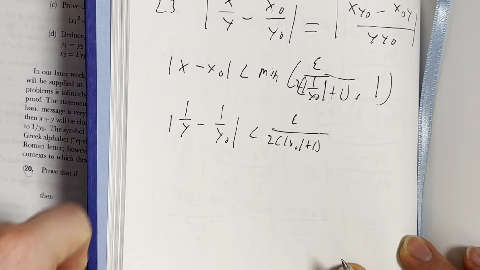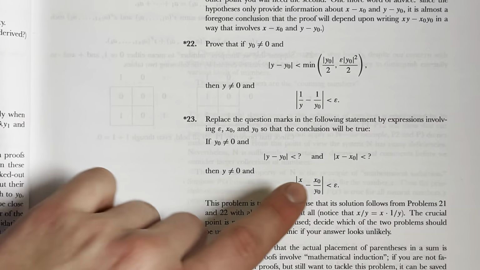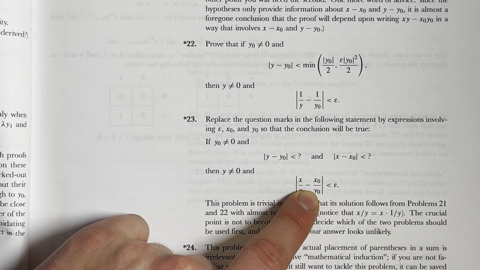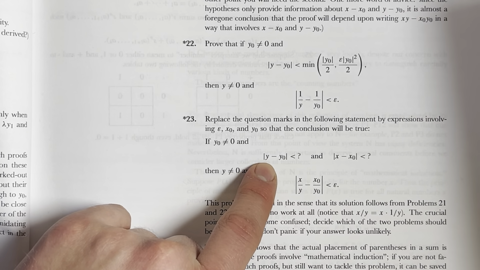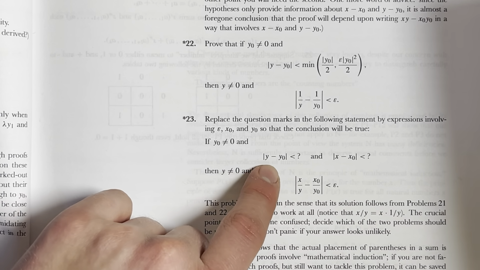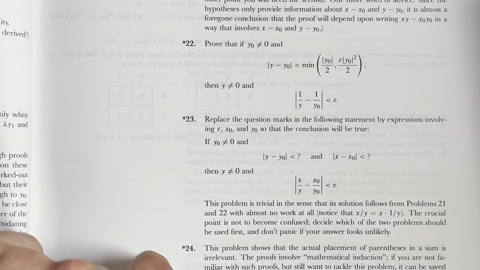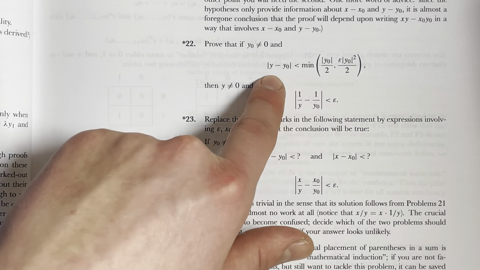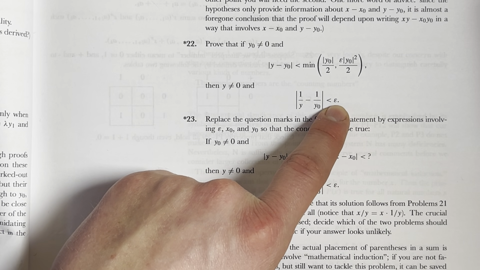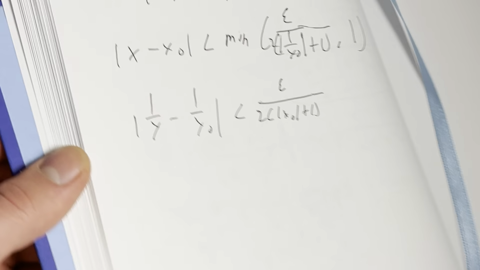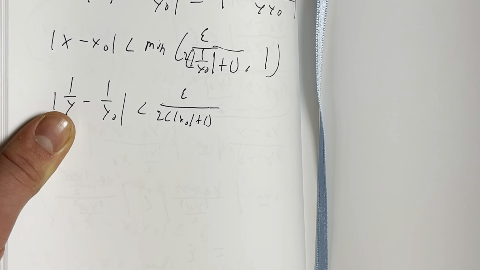So with these two equations already, we are able to get this fact. But instead of using 1 over y minus 1 over y0, Spivak wants us to write it in terms of y and y0. But to get that easily from this, we just, instead of using epsilon, use epsilon over 2 times (absolute value of x0 plus 1).